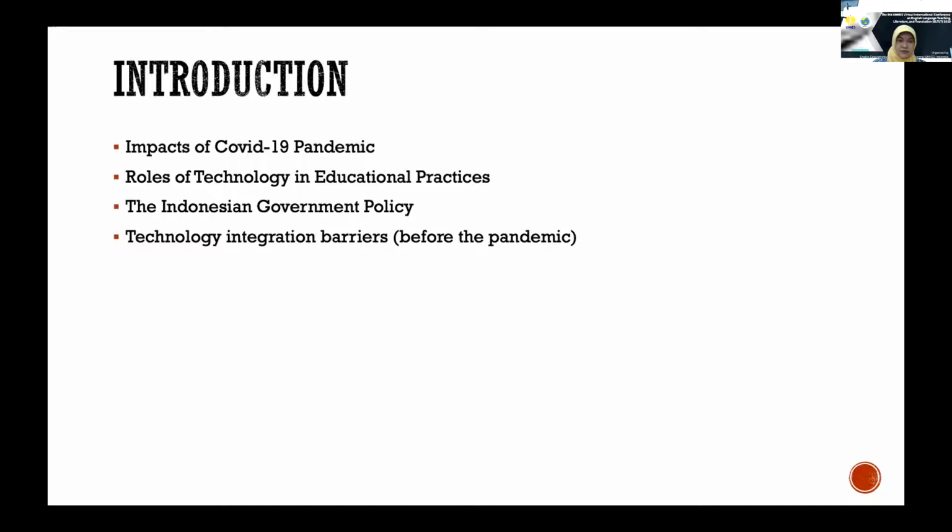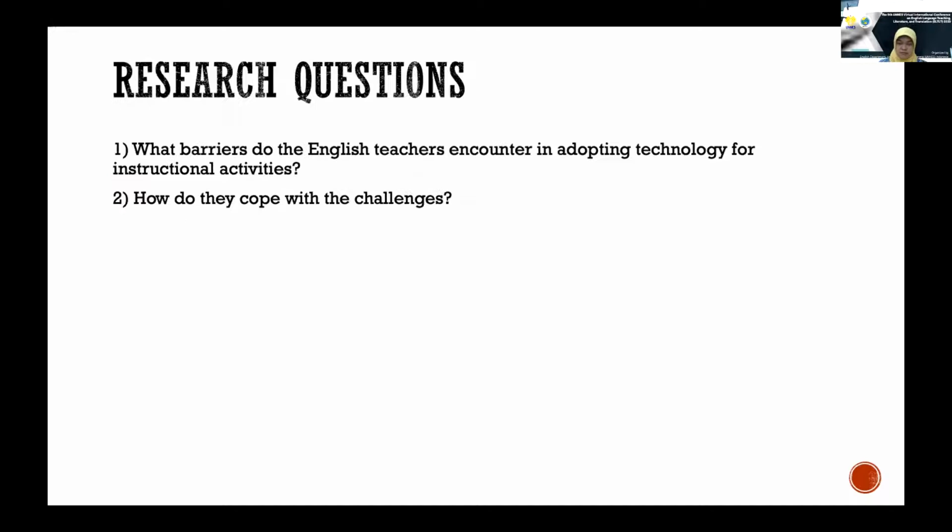Therefore, the present study is intended to evaluate teachers' technology integration, especially during the pandemic, and viewed from the teachers' perspectives.